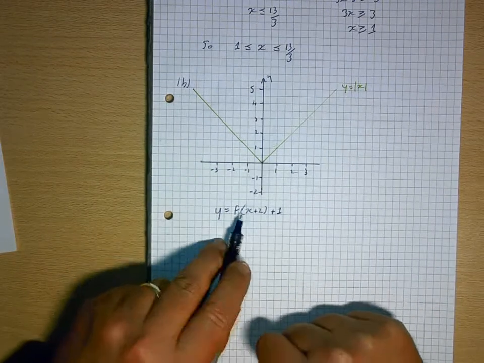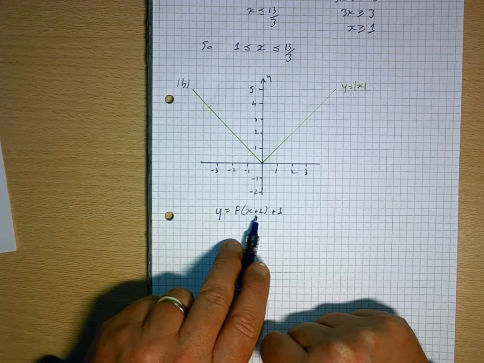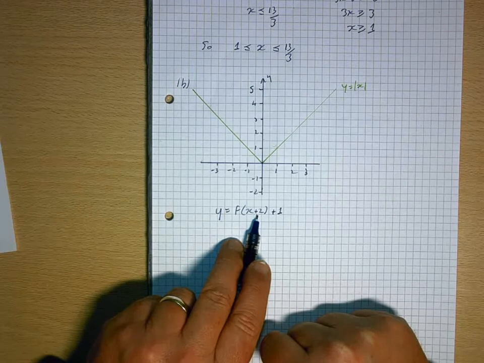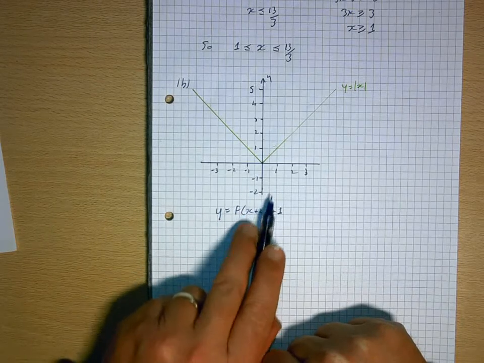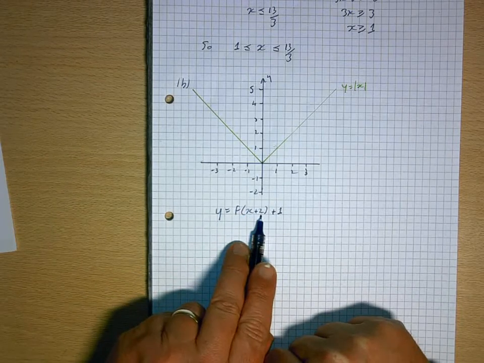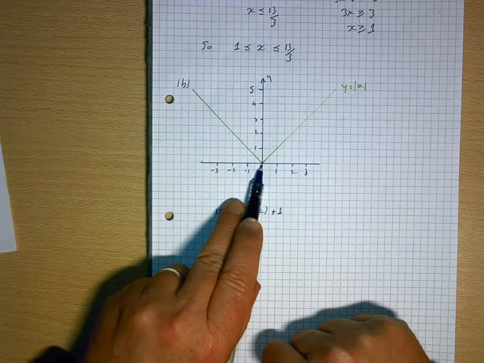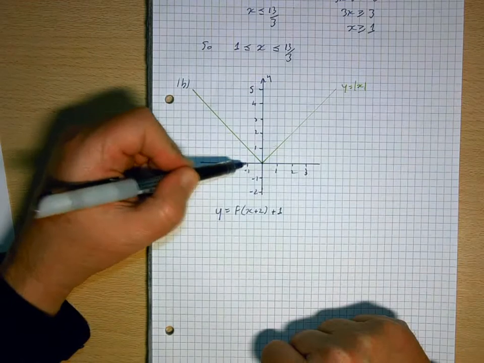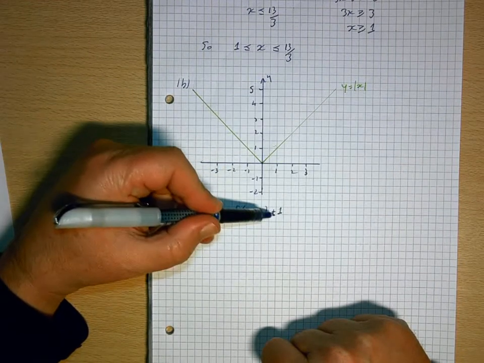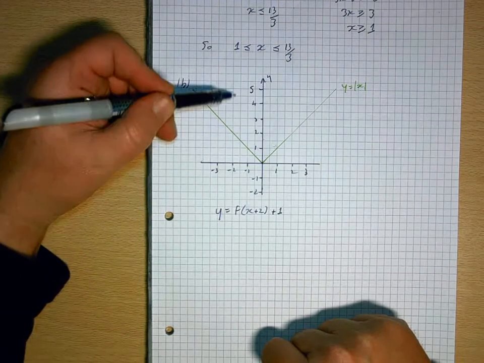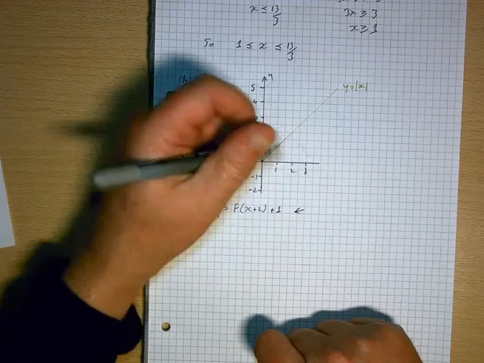The first one is the one that's happening inside there, and hopefully you can remember that that moves that graph back and forth in the x direction, and if it's plus in there, it actually moves it that way too. So that point on the graph is going to move 2 units in that direction, and then this one is going to move it 1 unit in that direction. So this is a translation.